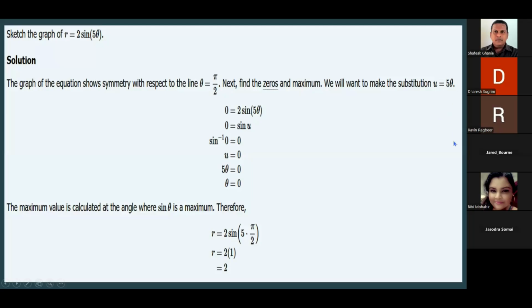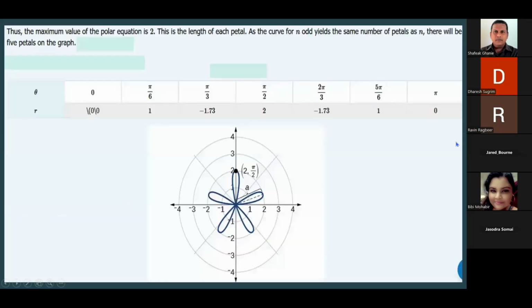So we have our table again and our graph. The maximum value of the polar equation is 2. This is the length of each petal. As the curve for odd n yields the same number of petals as n, there will be 5 petals on the graph.